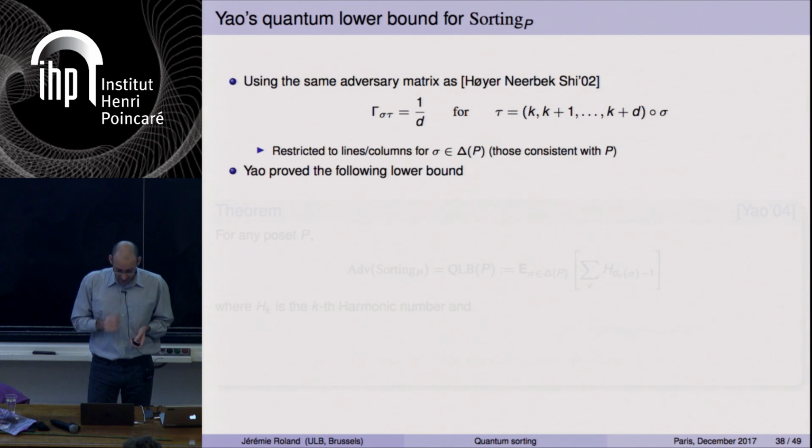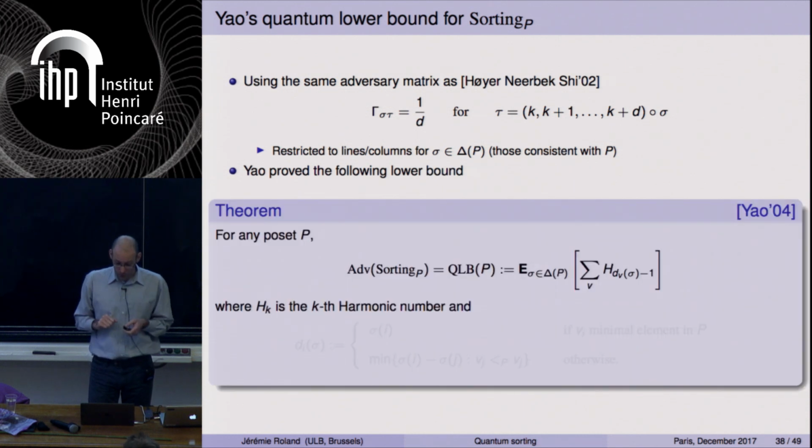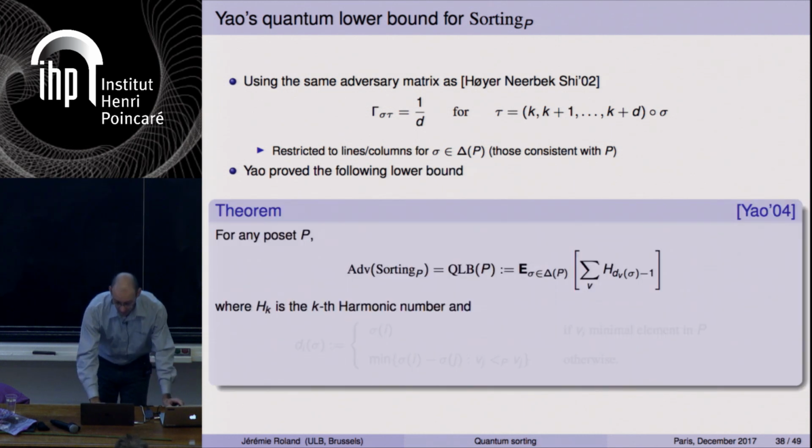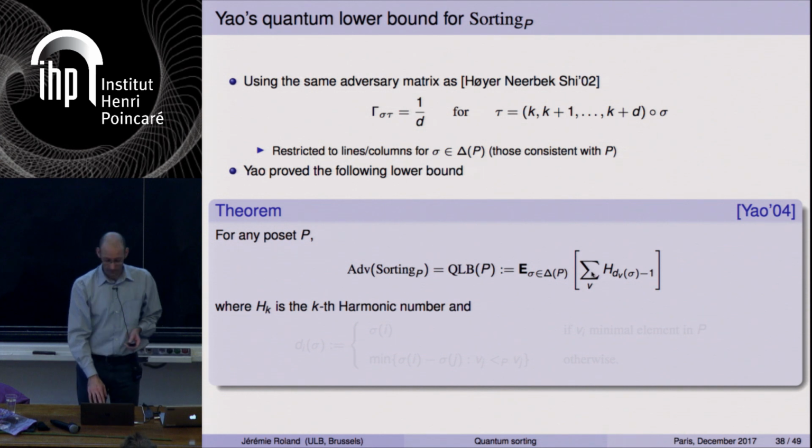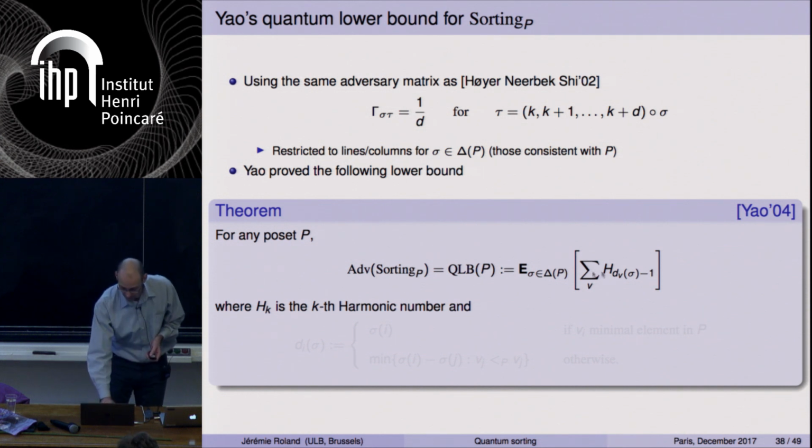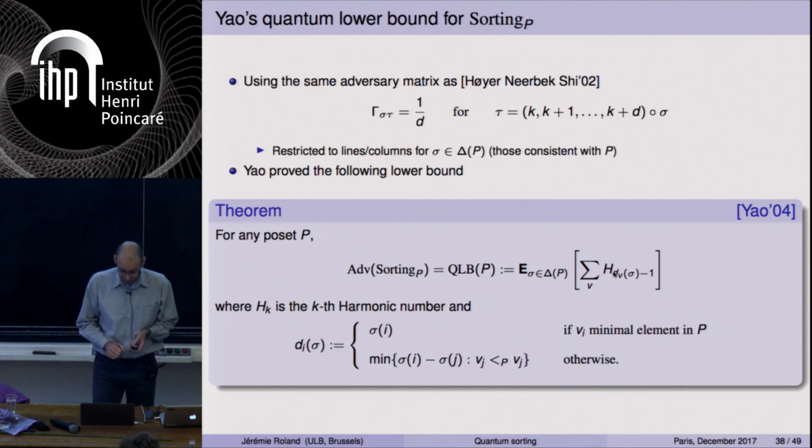And using this matrix, he was able to show that the adversary bound for the quantum query complexity of sorting was given by this expression. In this expression, you have an expectation over all permutations consistent with P of this sum here, which involves the harmonic numbers. Let's not go into the details of this lower bound, but this is the expression he gets.